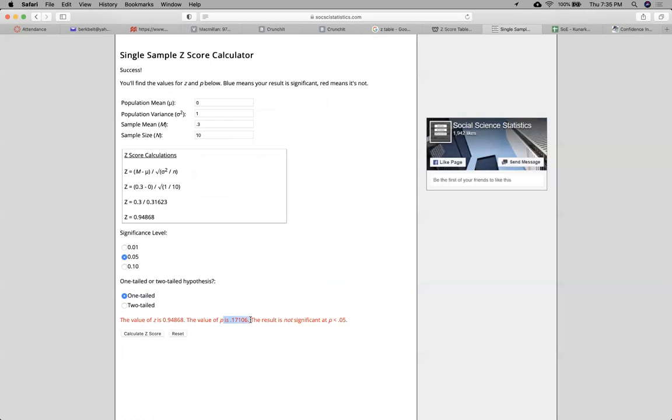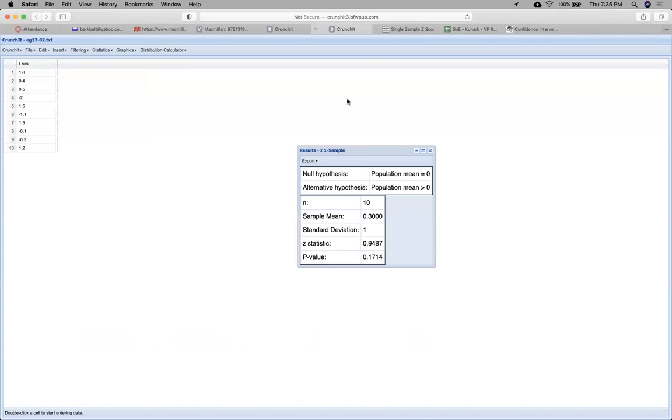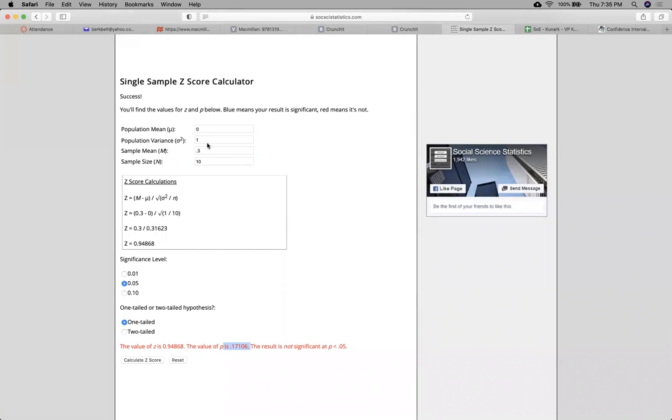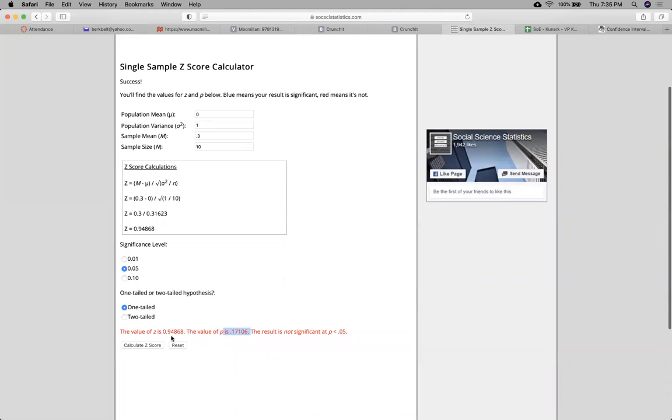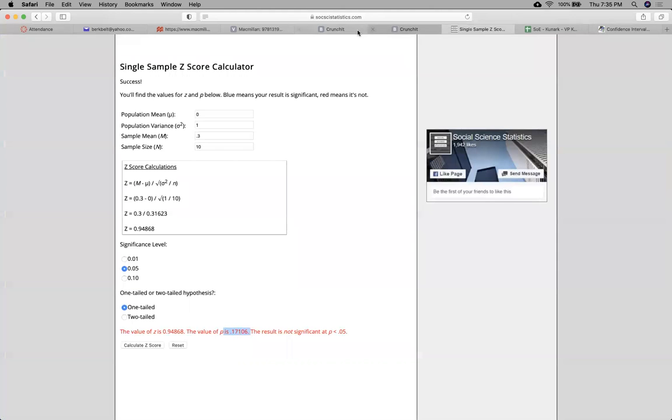The value of P is 0.17106. Is that what we got in the Crunchit one? 0.17, close enough. Rounding errors. Right? 0.3, 1, 0, 10, 5%, one-tailed. I think z-score 0.94868, 0.94868, close enough. So yeah, that was the very first link, right?